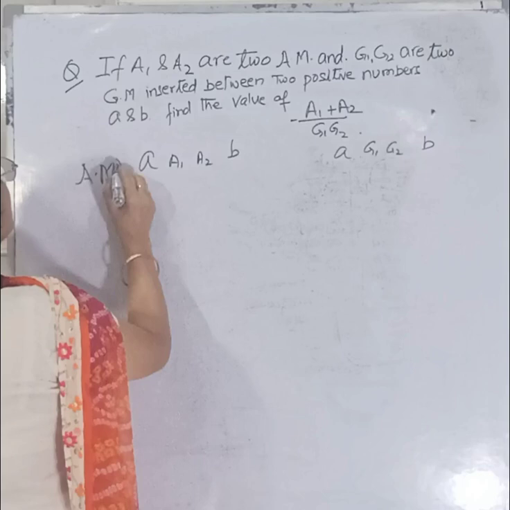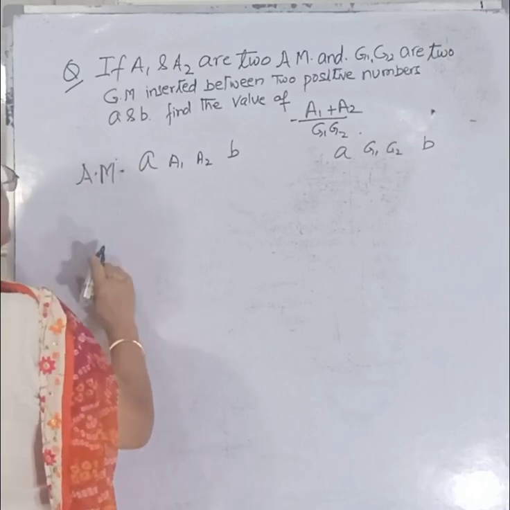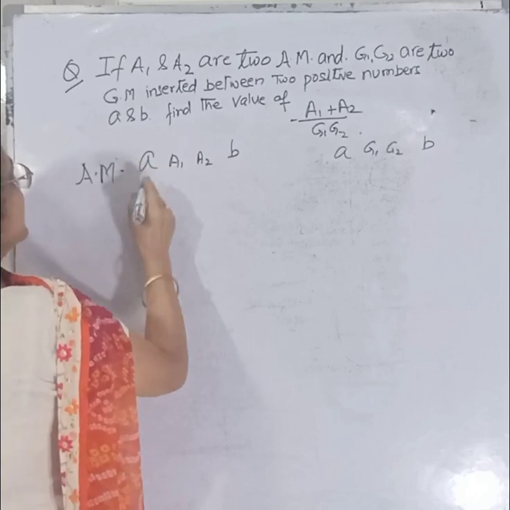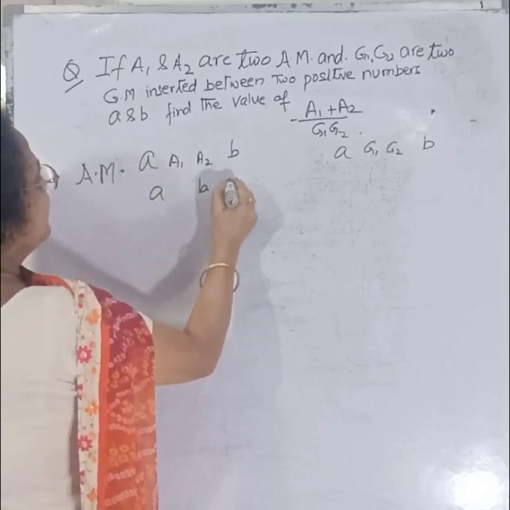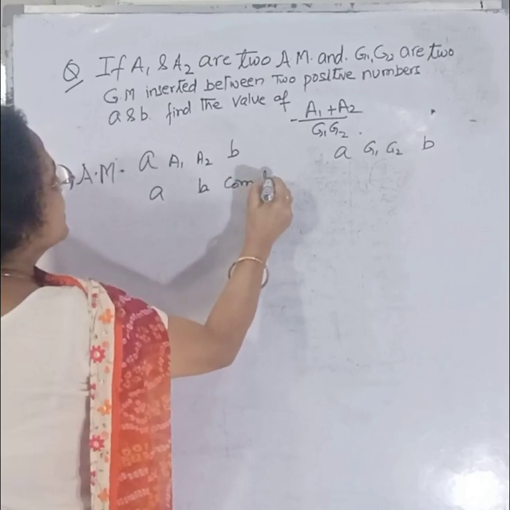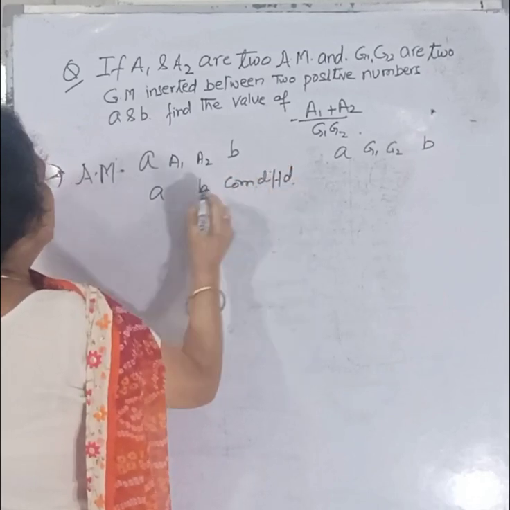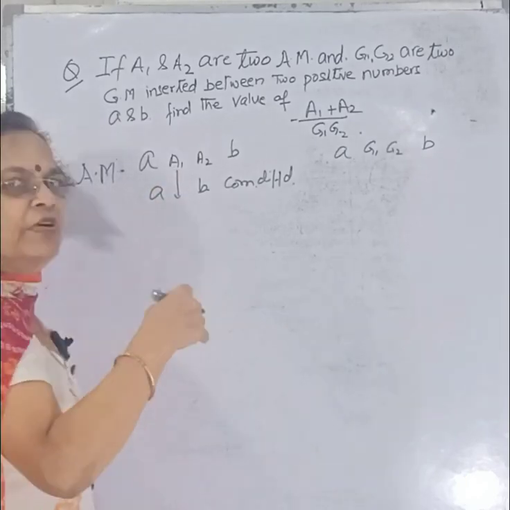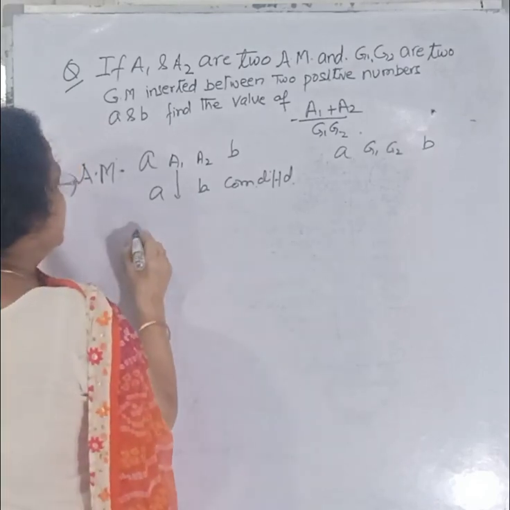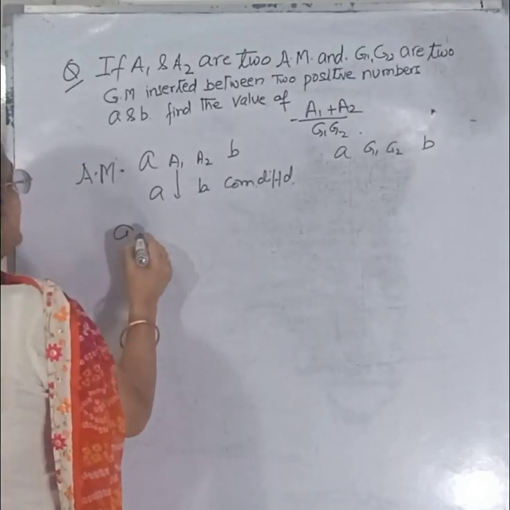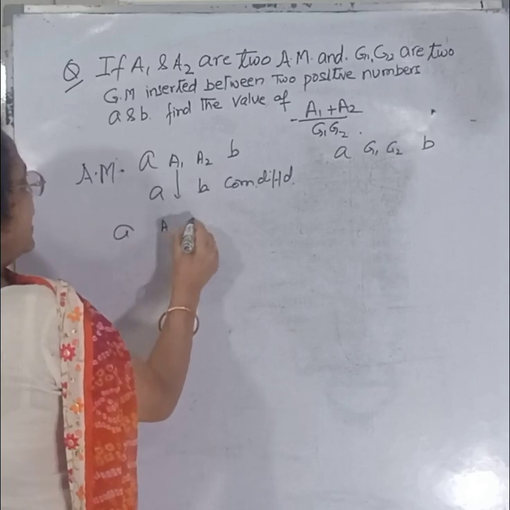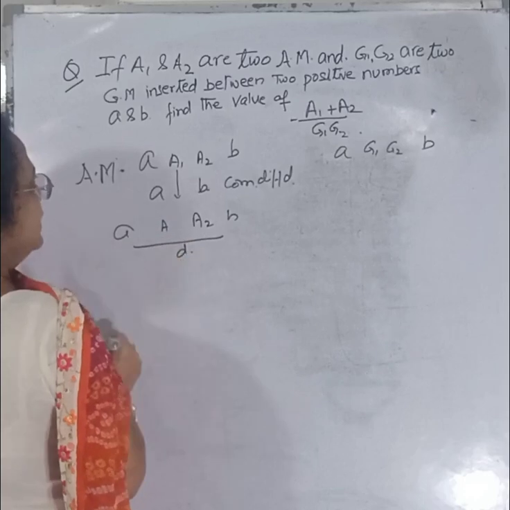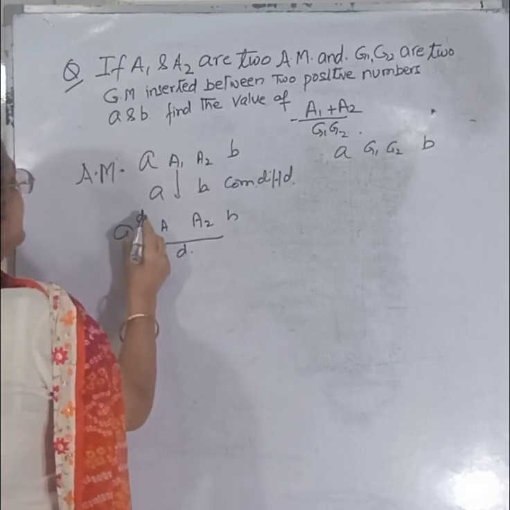First of all, we have to take the case of arithmetical mean. Let us suppose the common difference before inserting is equal to D. When we insert the means in between, this difference will be divided into three portions, A1, A2 and B, and each becomes D by 3.